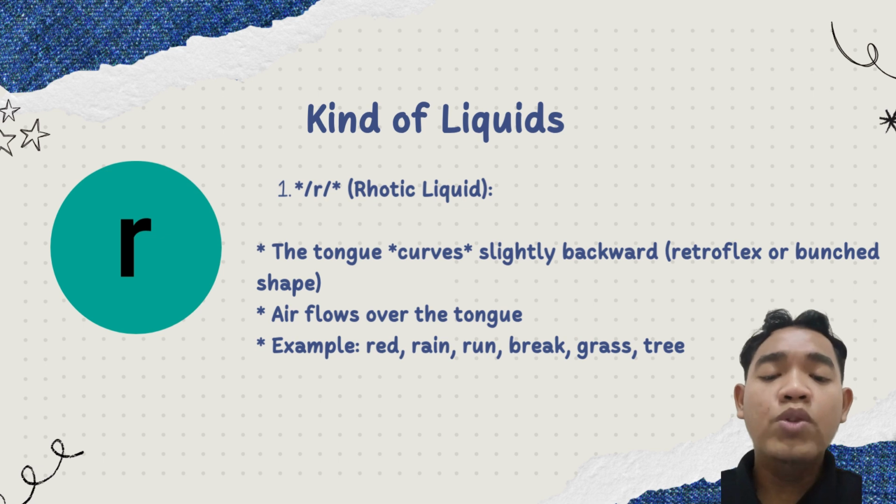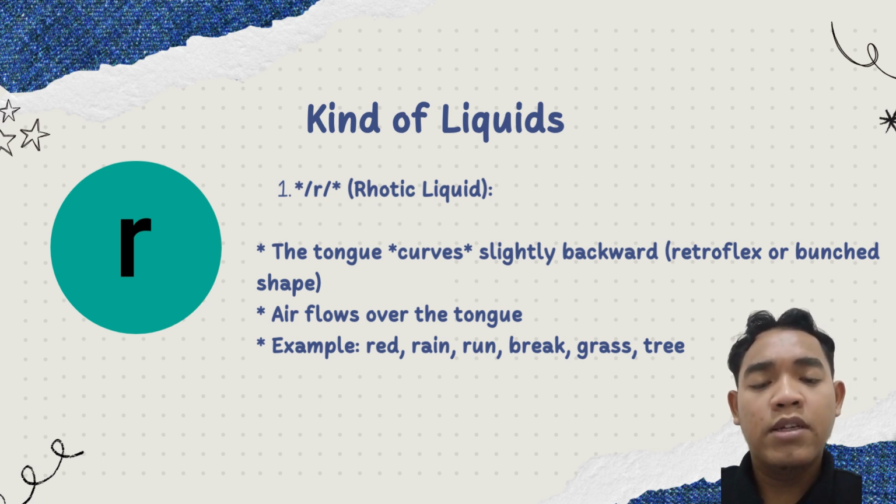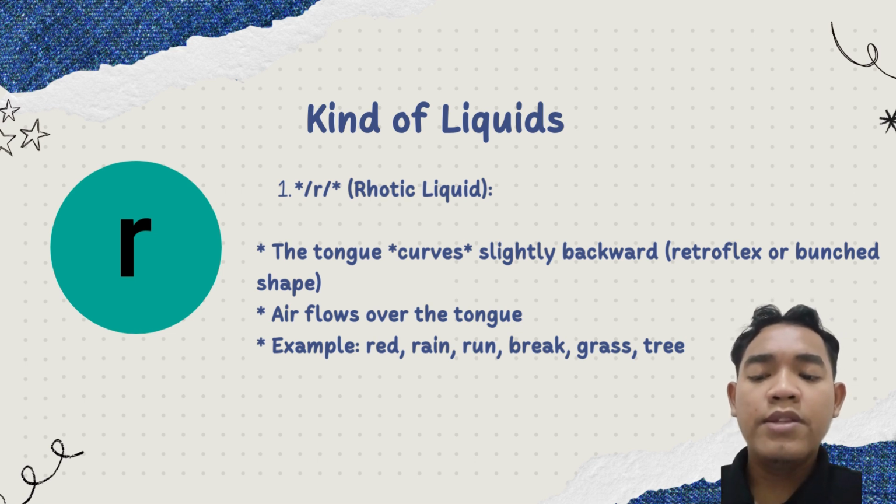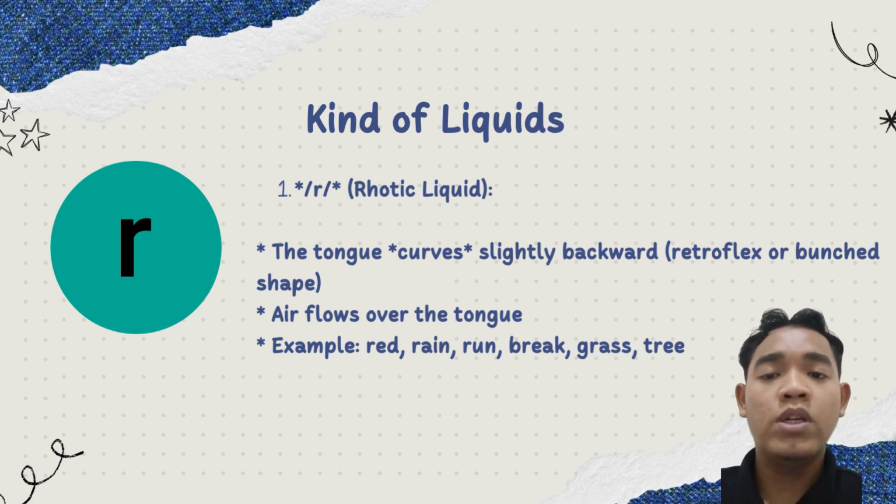Okay, how to pronounce the rhotic approximant? First, the tongue curves slightly backward, curling the tip of the tongue slightly upward toward the alveolar ridge or just behind it, but do not let it touch the roof of the mouth.